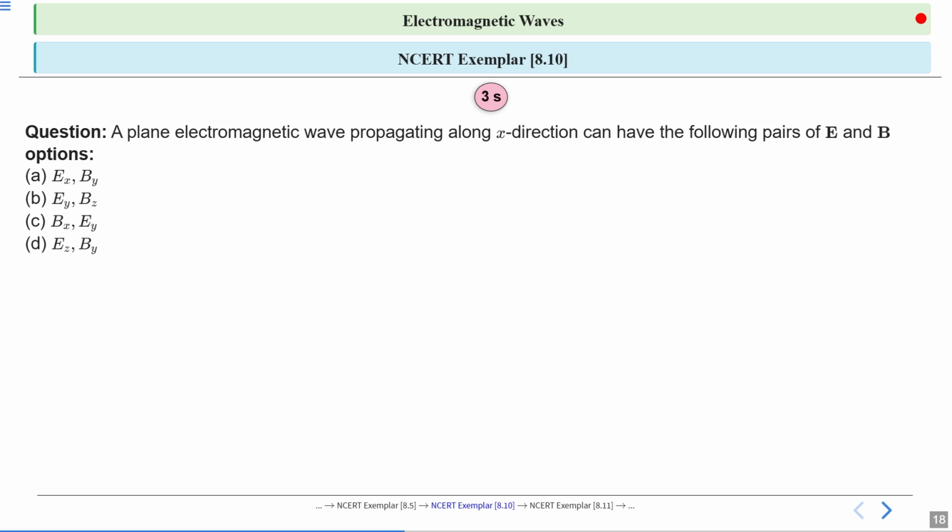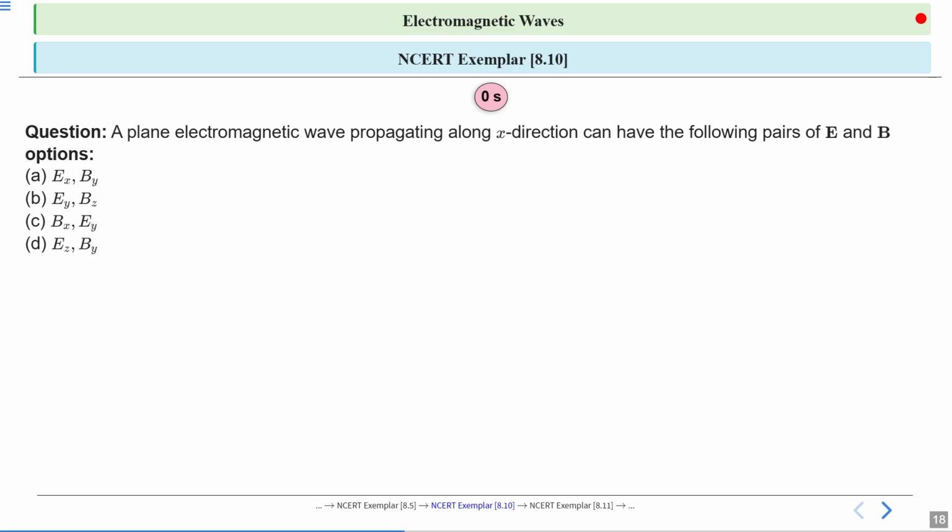So in this question the direction of propagation is given along the x direction, meaning I cap. You have to determine which pair of electric and magnetic field directions is possible. EX BY means a component of electric field along the x-axis and a component of magnetic field along the y-axis, and the direction of propagation is along the x-axis.